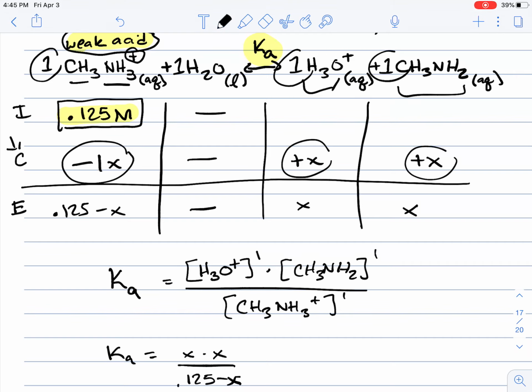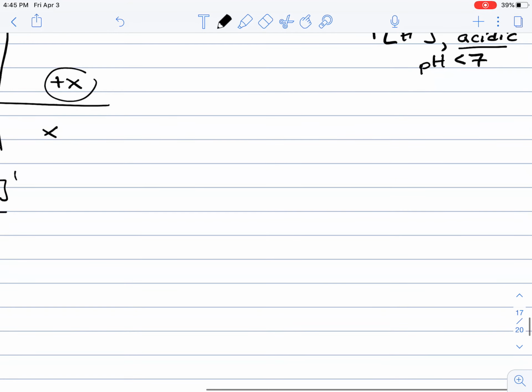And so since the problem gave us pKb, which was 3.357, we need to convert this into Kb. And converting it to Kb will allow us to determine its Ka.